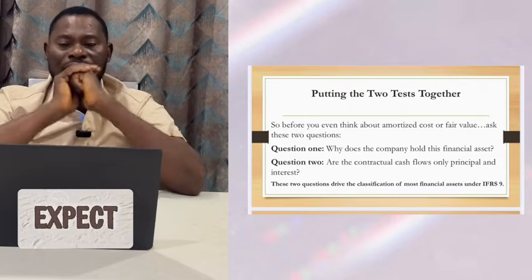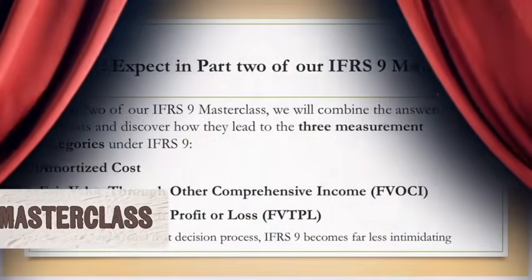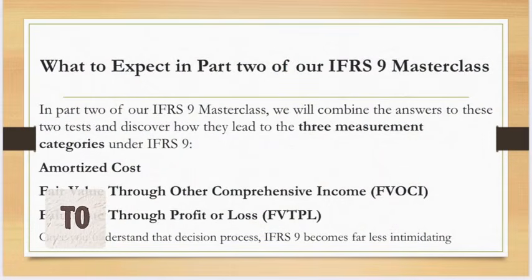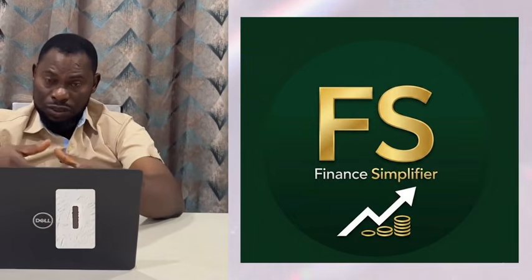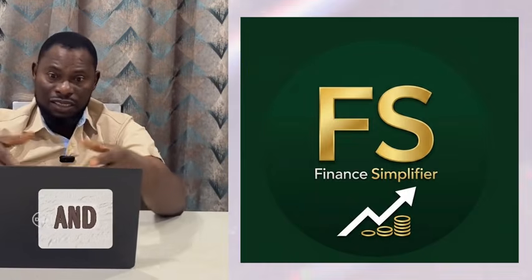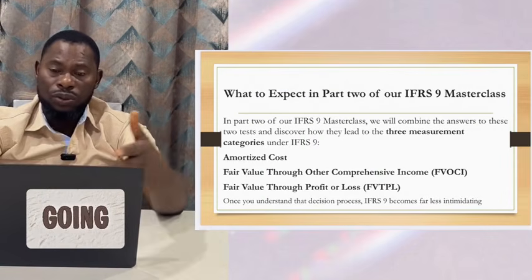Now, what to expect in part 2 of our IFRS 9 Made Easy Masterclass. IFRS 9, as I told you, is a very important standard and it is not something we can cram into one class, so we're going to look at part 2.